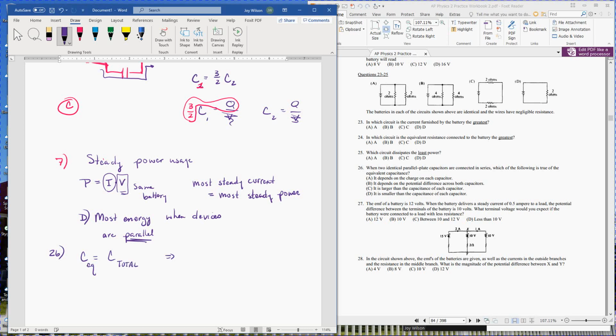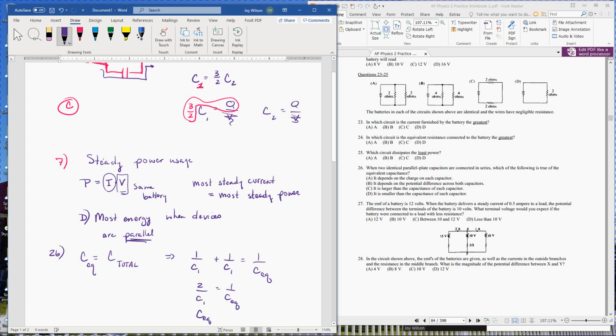So if they're added in series, we're going to do 1 over C1 plus 1 over C1 because they told us they were the same size. And so the total capacitance, or the equivalent capacitance, would be 1 over CEQ. So we get 2 over C1 equals 1 over CEQ.